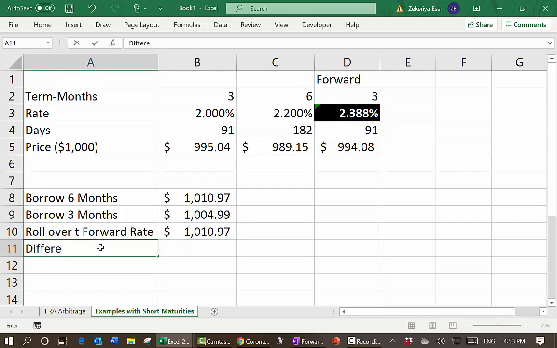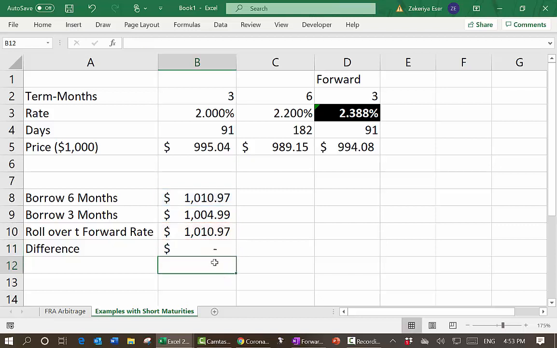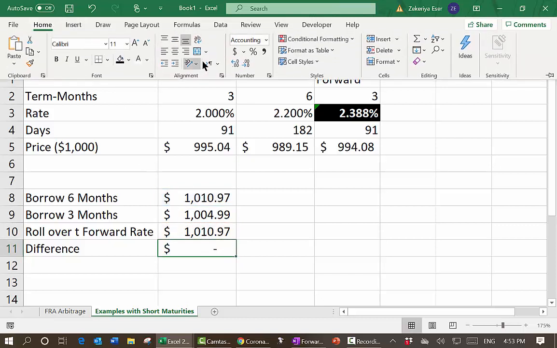And the difference: if I have done everything correctly, that number should be precisely 0. Just to make sure, I'm going to add some more digits. Nothing. It's just 0.